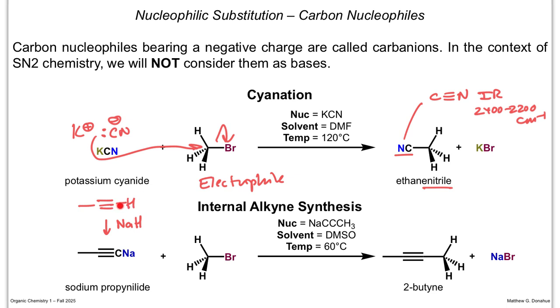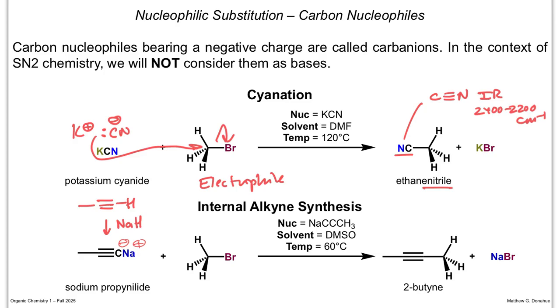So that's found in a terminal alkyne. We can deprotonate this H with sodium hydride, so that's an acid-base reaction. And this generates this thing called an alkynolide, where now the carbon is negatively charged, the sodium's positively charged.